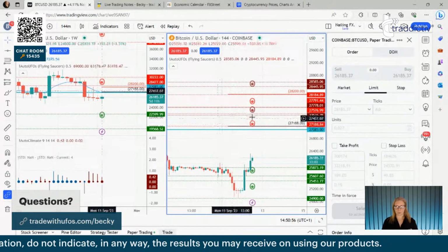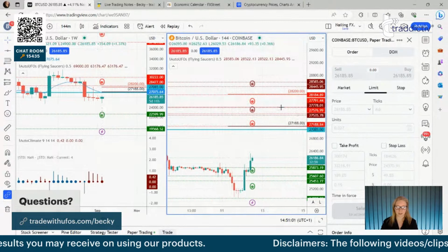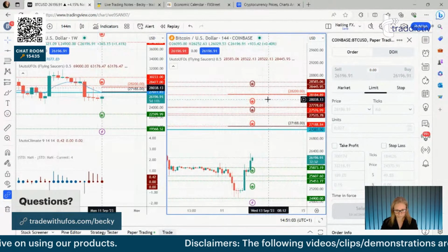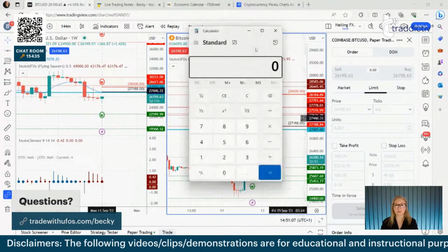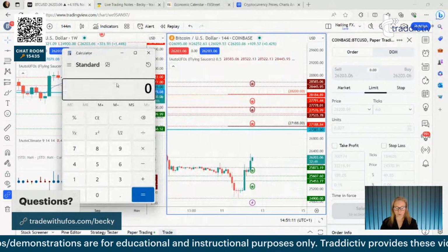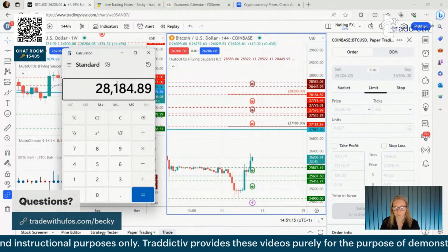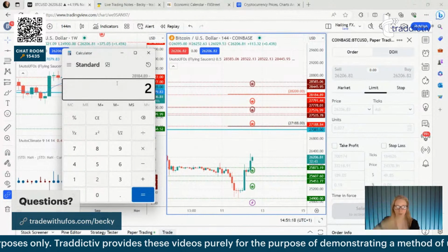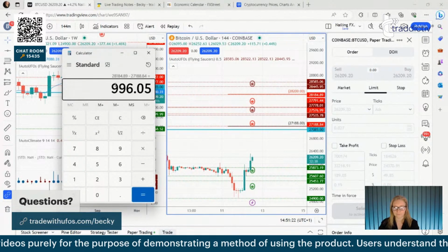So we've got 3 sets of sellers all stacked on top of each other here. We've added a little bit of room on that. In fact, if you wanted to be specific on this, just to be congruent with Bojan's crypto course here, what you do is you take 28,184.89, which is the top of that area, minus 27,188.84. That gives you 966.